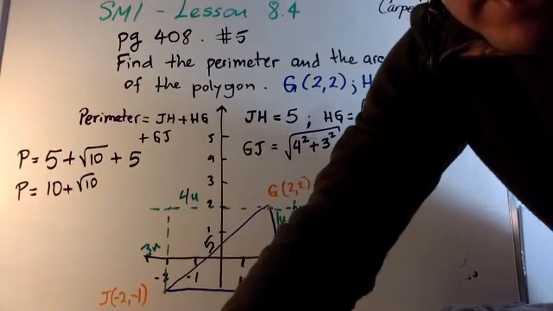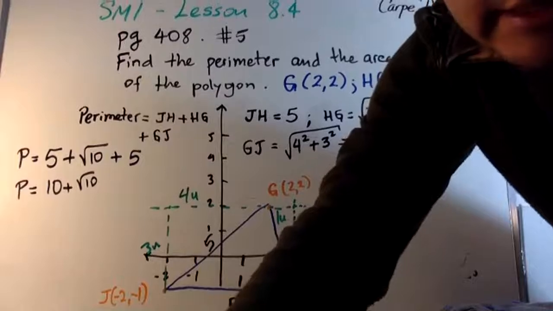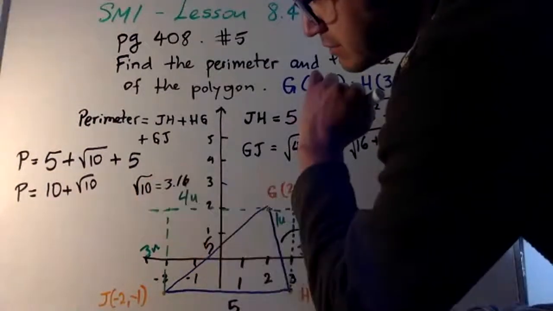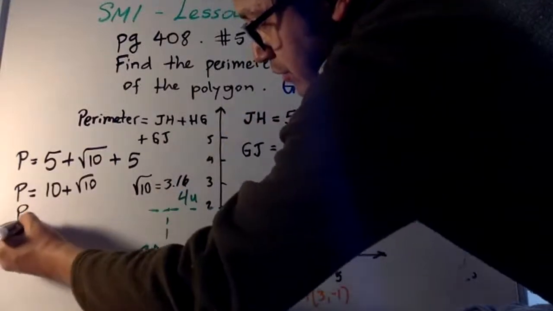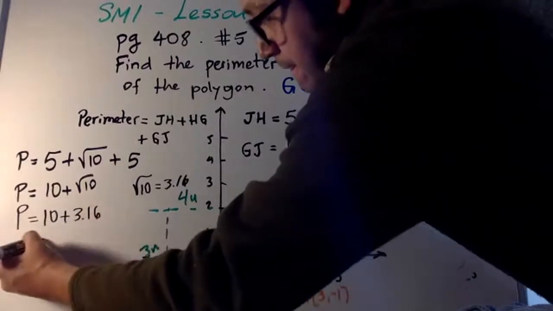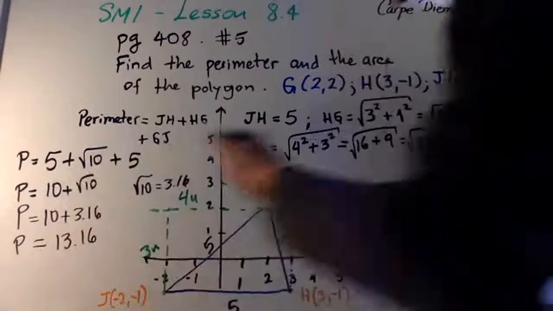I'm going to use Google Calculator, and the square root of 10 is 3.16. So the perimeter of this triangle would be 10 plus 3.16. Hence, the perimeter is 13.16.